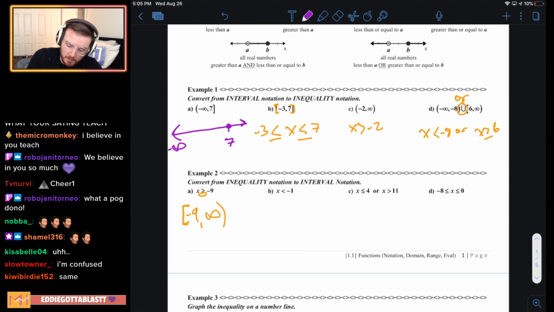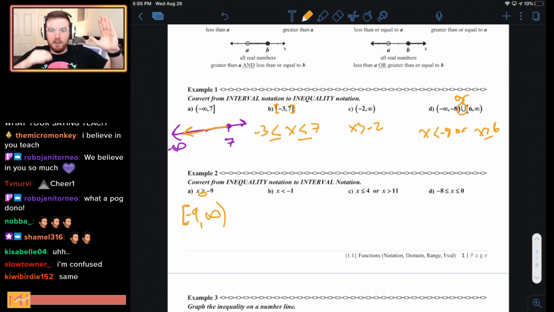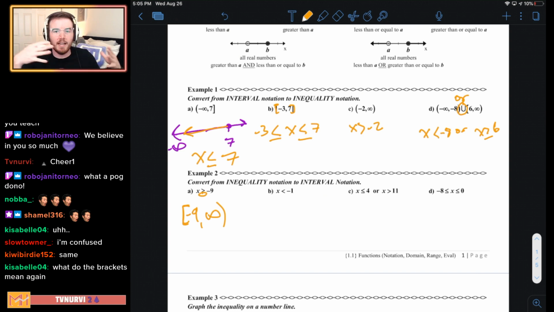So everything from 7 clear to, that's a range of values. It's this big group of numbers. So we can write from negative infinity to 7, that represents that large group of numbers, or another way to phrase that is all of the numbers that are tinier than 7. In other words, all the numbers that are less than 7. So it's just another way of describing the group of numbers.